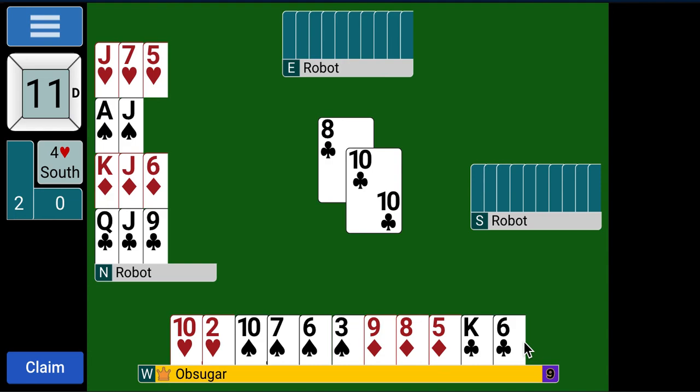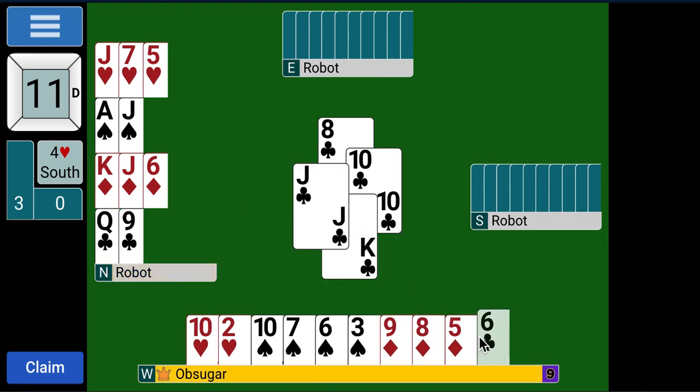So we led the ace of diamonds, a completely non-standard lead, leading an unsupported ace. And then we switched to the clubs once we saw the king of diamonds, because if we lead another diamond, he wins with the king. And if he only had 1 diamond to begin with, he's going to pitch a club, right? And now we don't get 2 tricks in clubs. But as it is, we score 3 tricks, right?